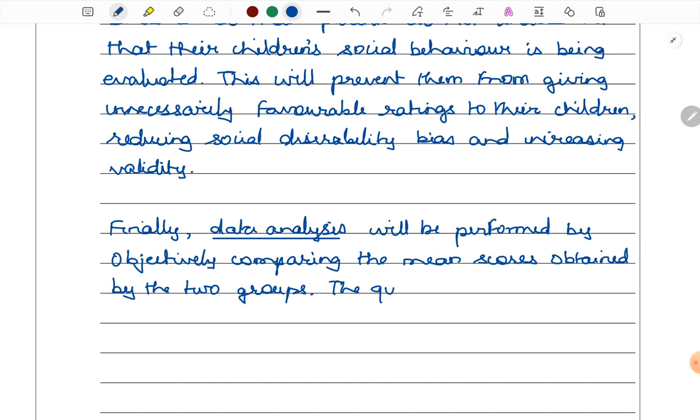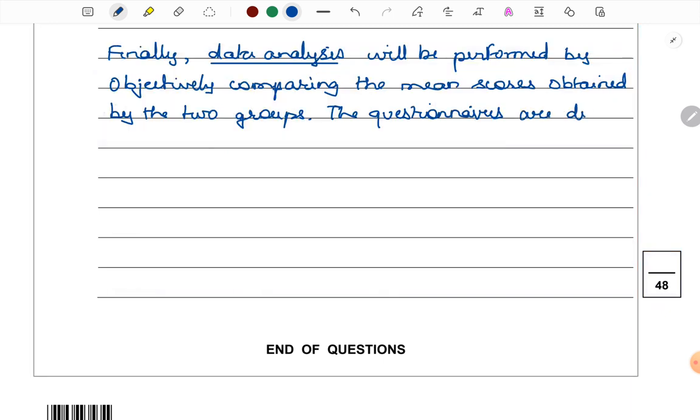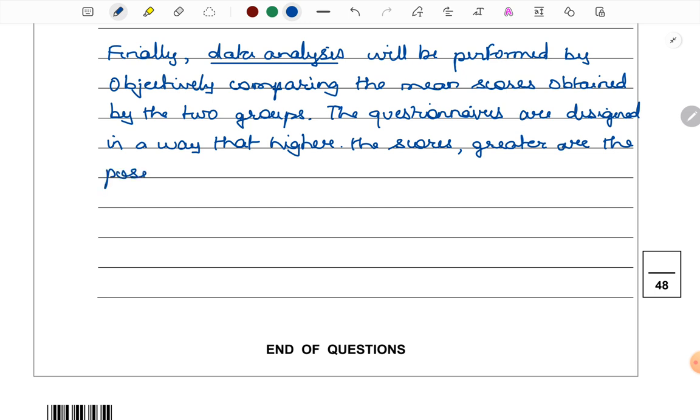The questionnaires are designed in a way that higher the scores, greater are the positive social behaviors shown by the child.